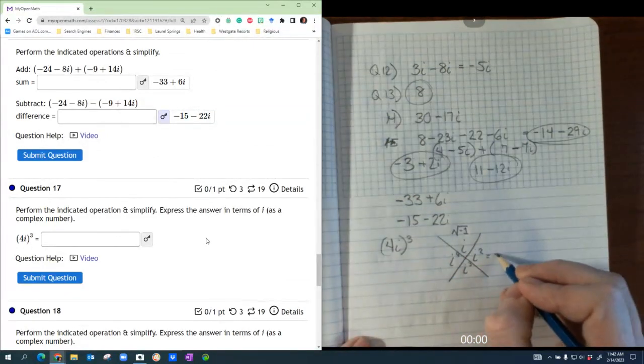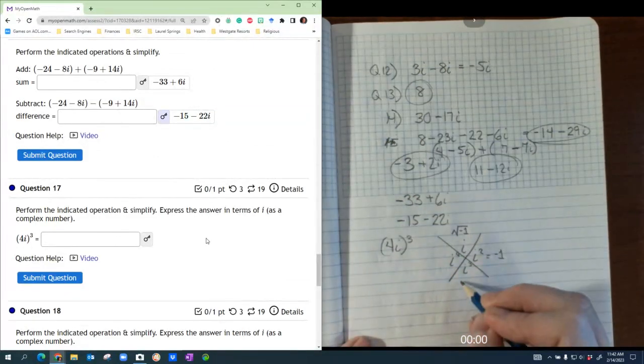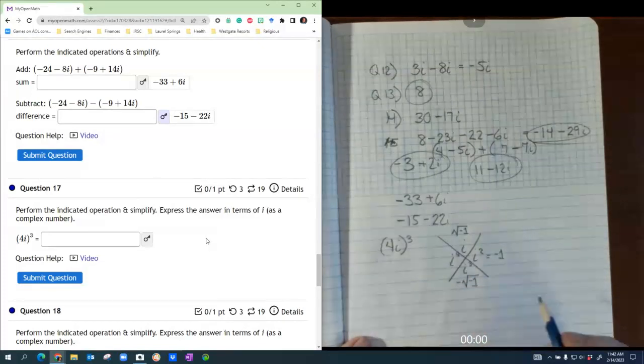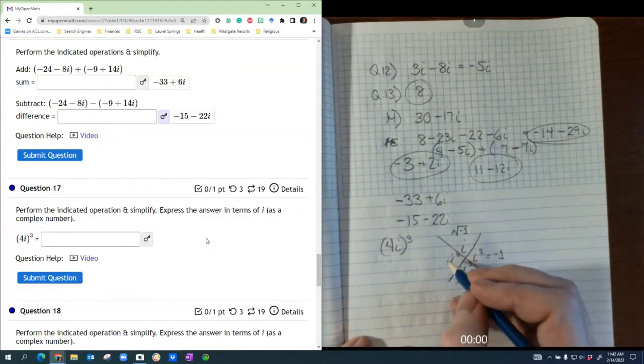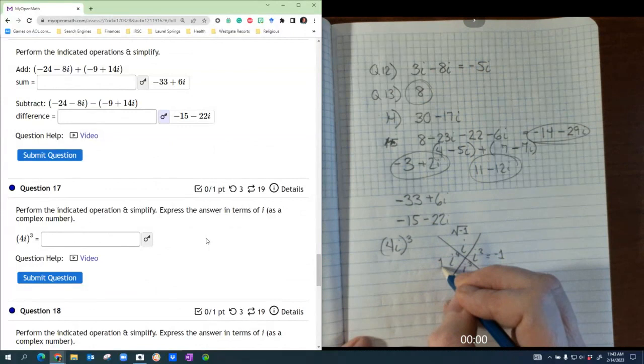This is going to equal negative 1. This is going to be a negative 1 times a negative i, or the radical of negative 1. So you're going to have this, okay? So then you're going to go ahead and have this one as 1.